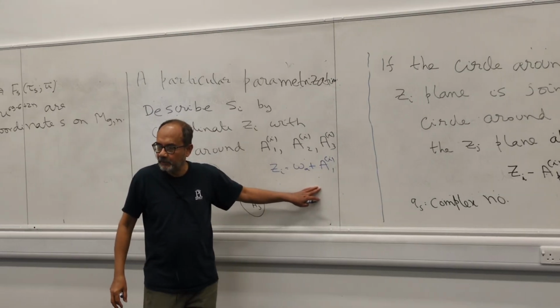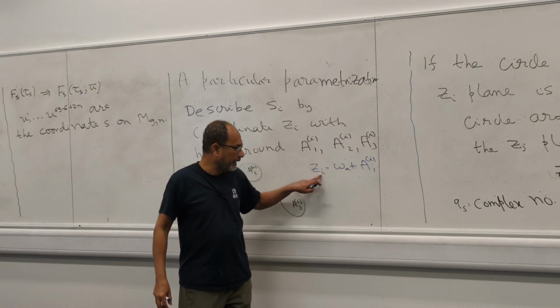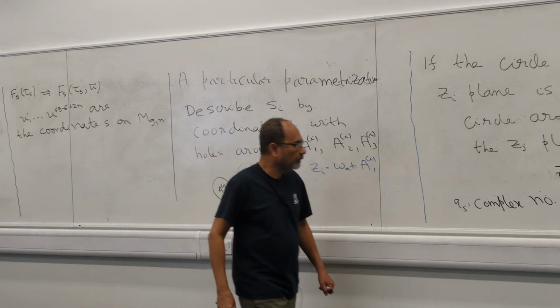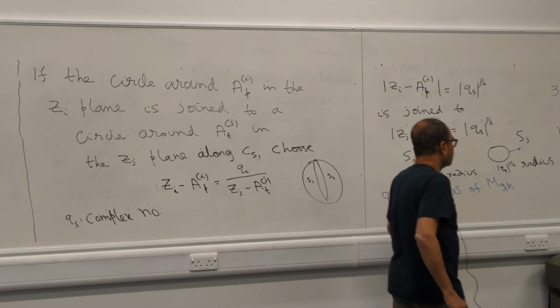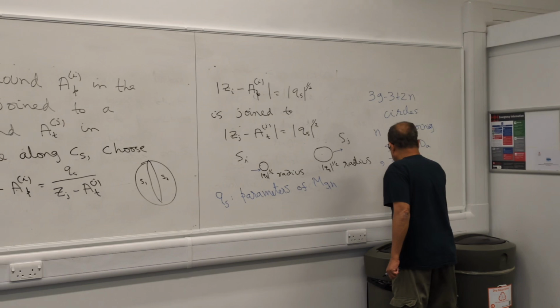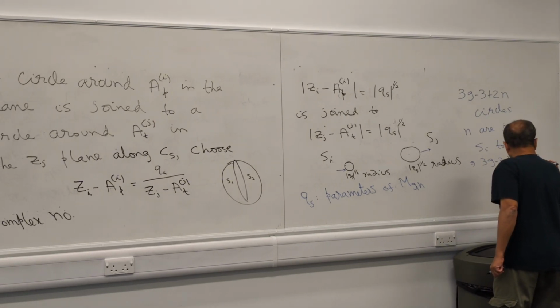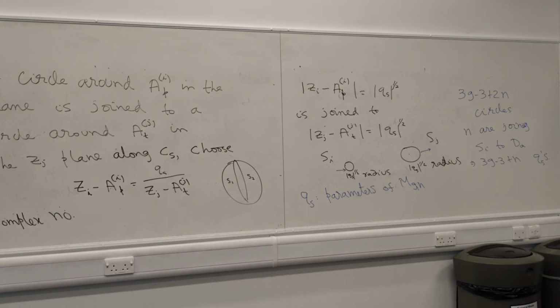We just take the transition function to be simply given by this, so that Wa equal to 0 gets mapped to Zi equal to A1I. So the non-trivial ones come from here. That gives you 3g minus 3 plus n q's, because n of these are gone.